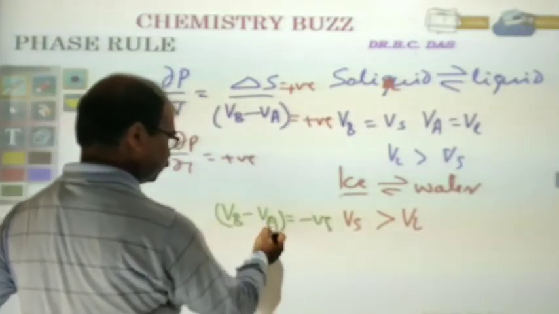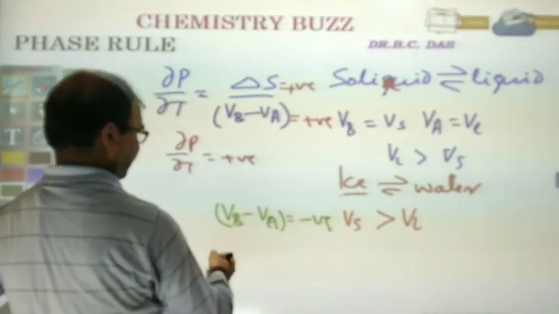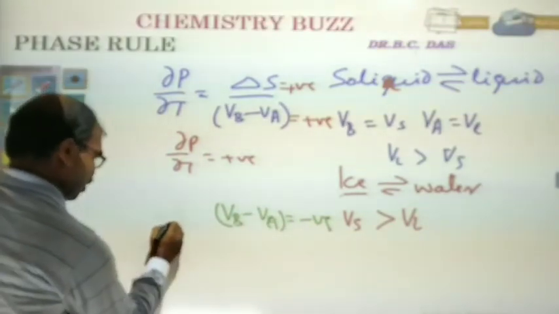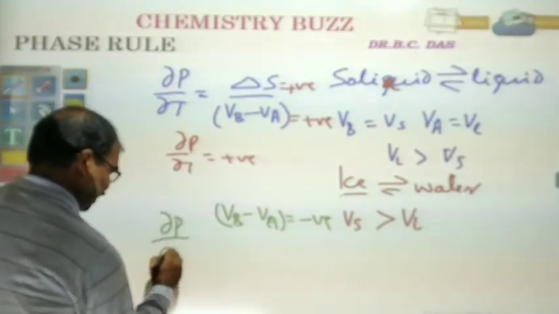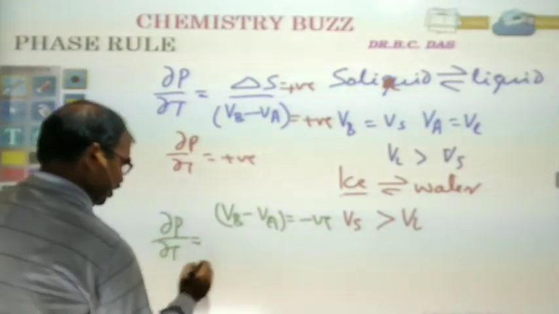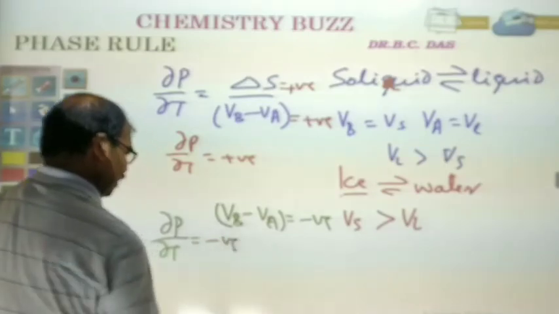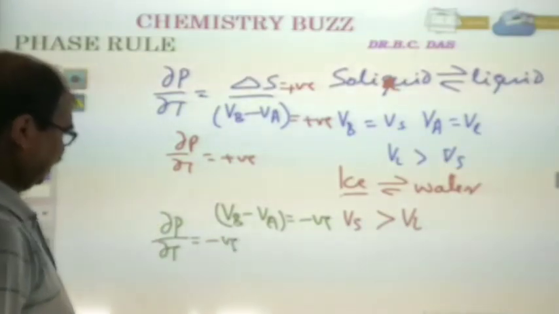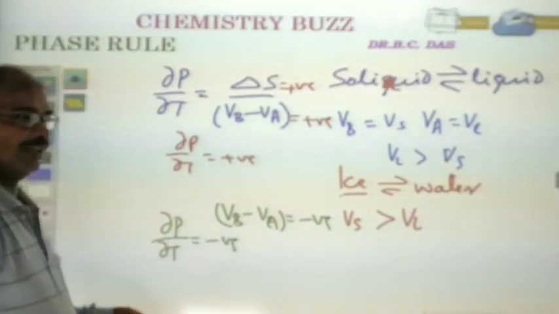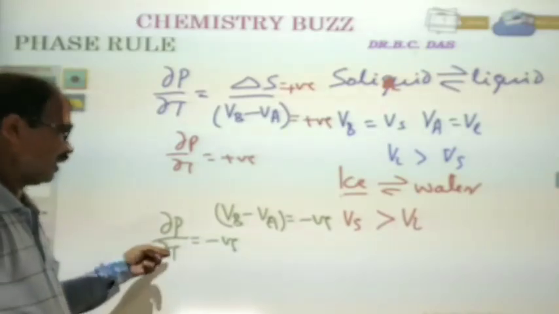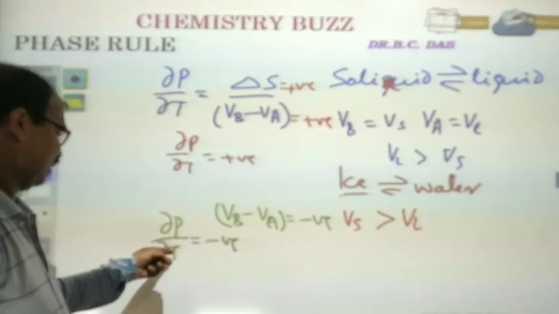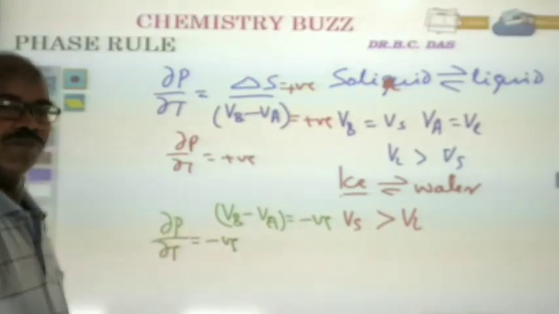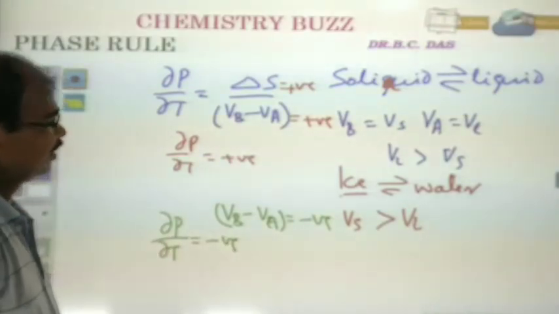Okay, so this is negative, and for the ice water system we will have dP by dT negative. So this implies if we increase the pressure, then the temperature will decrease, that is the melting point will decrease, and if we increase the melting point, then the pressure will decrease.